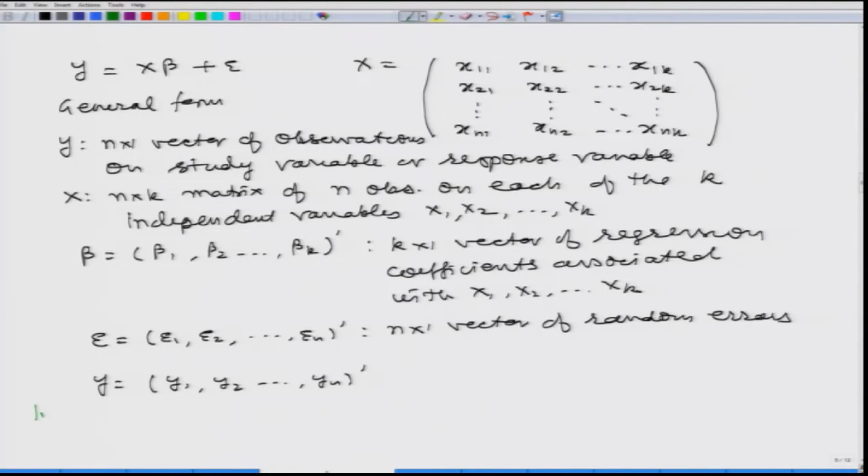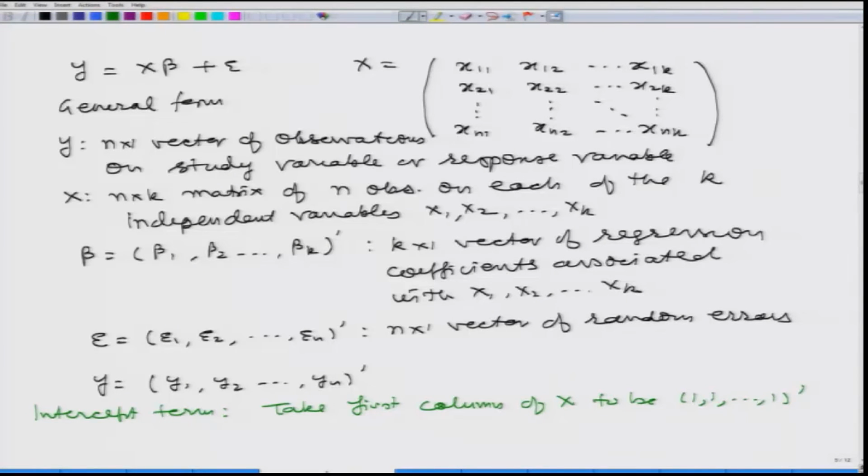then what I have to do? For the intercept term, take the first column of the X matrix to be 1, 1, 1, right.